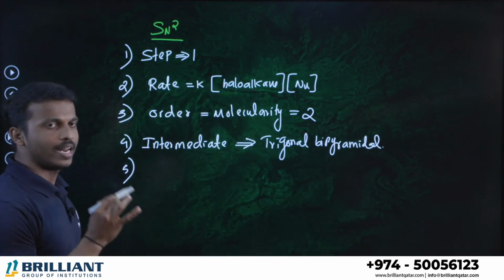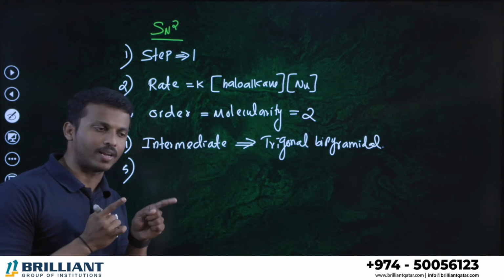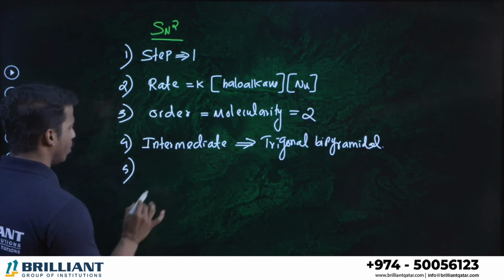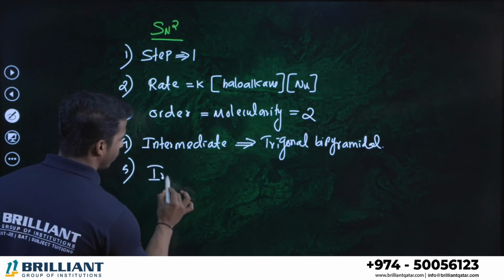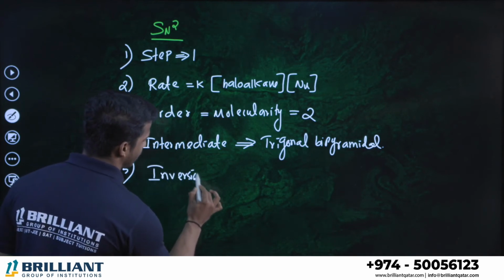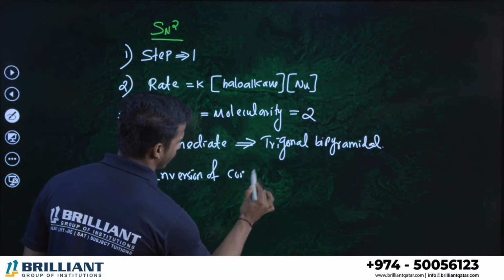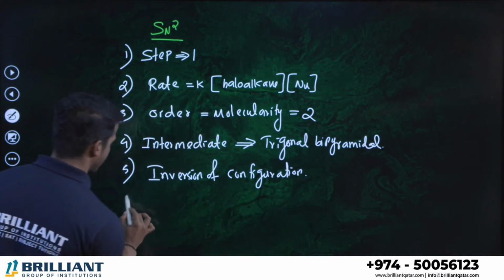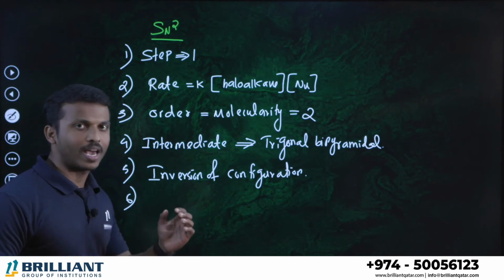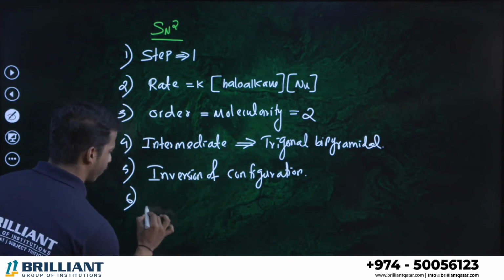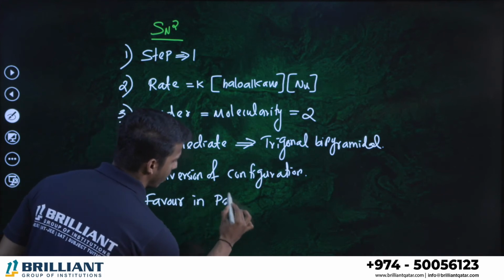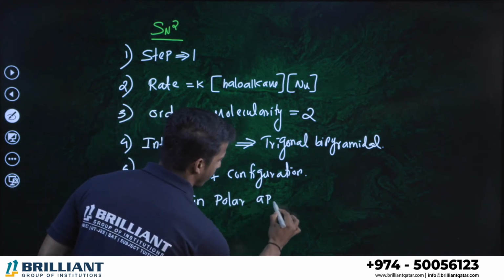Always in SN2 mechanism, the nucleophile attacks the opposite side of the halogen where it is present. So you always get an inversion of configuration, right? Sixth one. Which solvent does SN2 mechanism favor? It takes place faster in polar aprotic solvent.